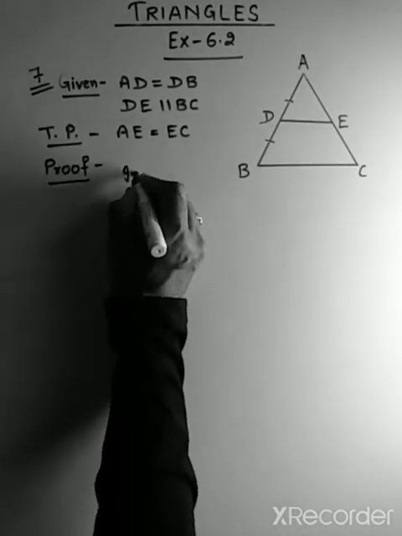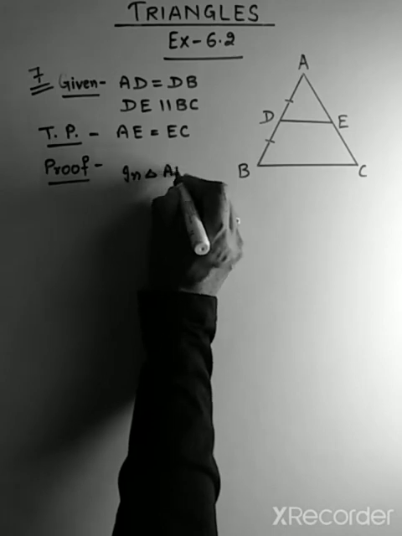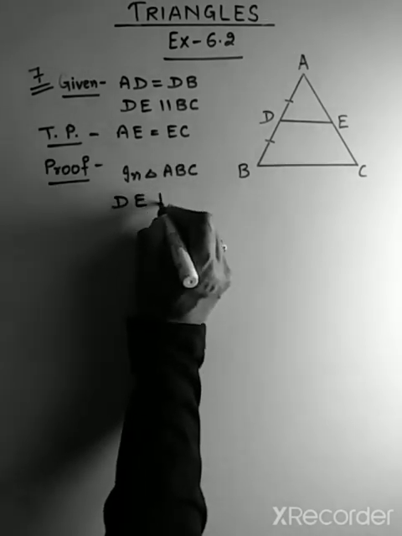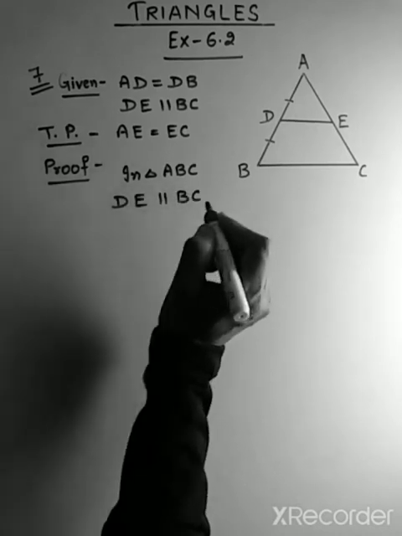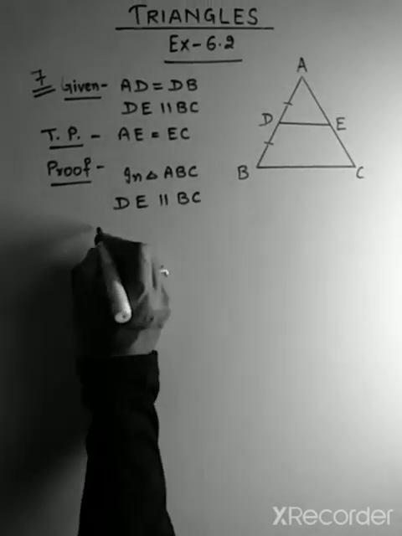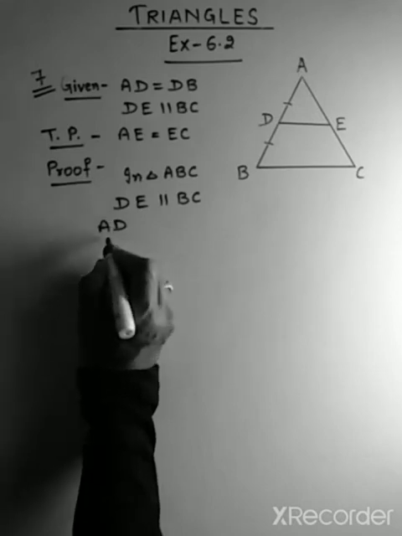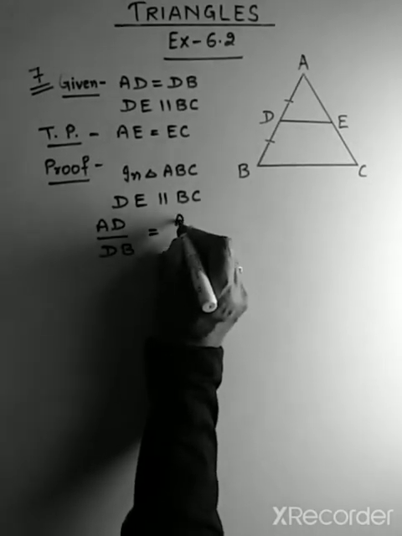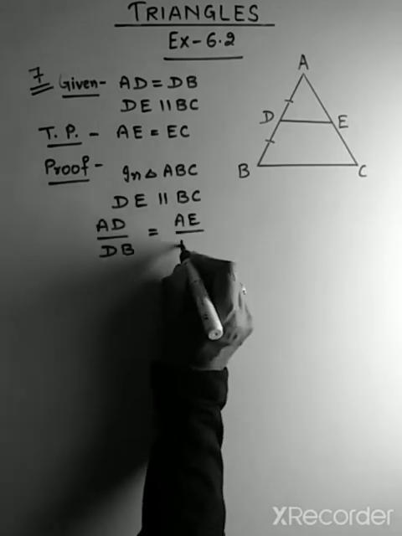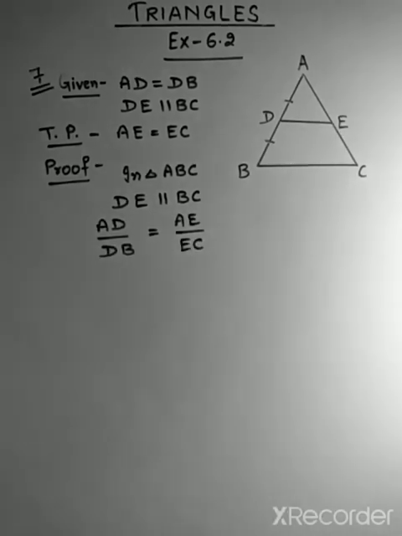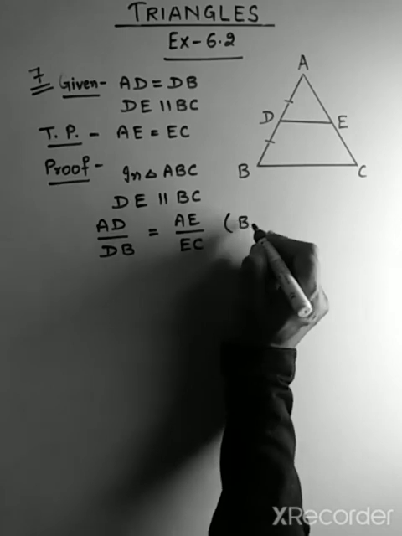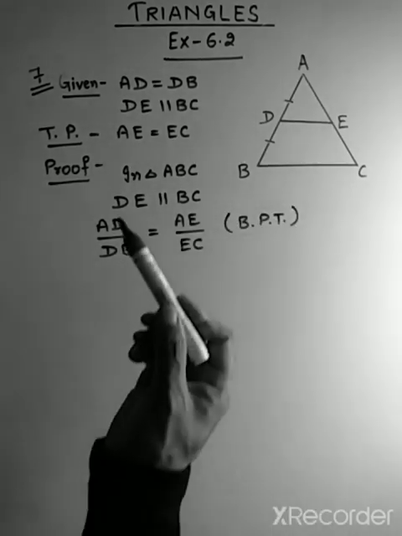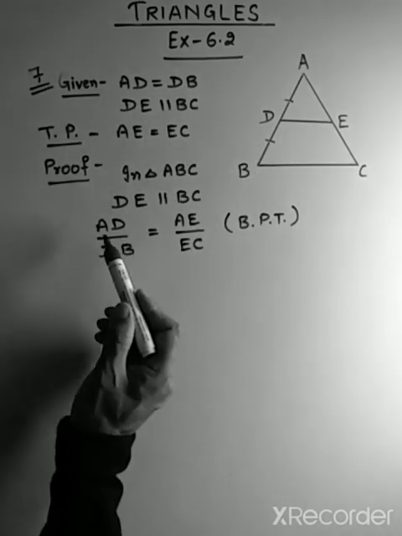Now in triangle ABC, since it is given that DE is parallel to BC, so we can apply basic proportionality theorem, which is AD upon DB equals to AE upon EC. Now in the question it is given that AD equals to DB.